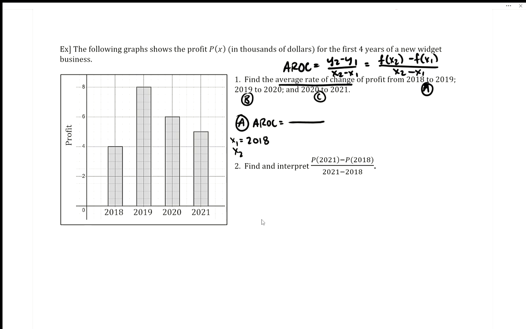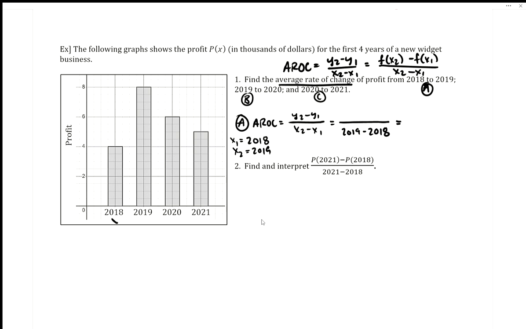Our x2 is 2019. Just to set up the whole formula, there's that, and then instantly we could put in the denominator. So we have 2019 minus 2018. The x's are usually just given right away. And then now I need to find the y2 and the y1.